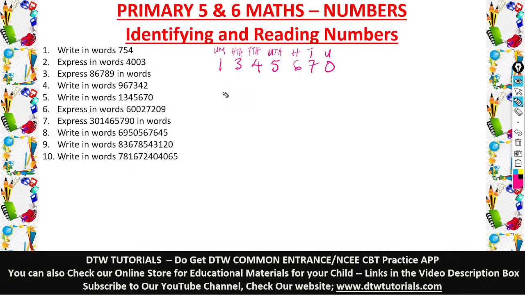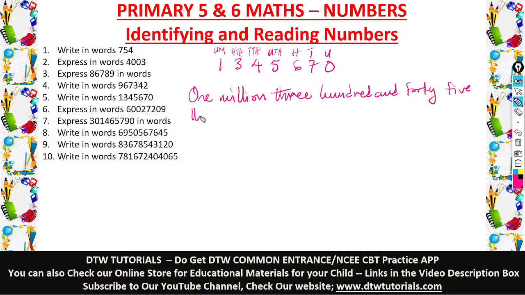Do you see that? 1 million, let us write it. 1,345,000, comma, 670.